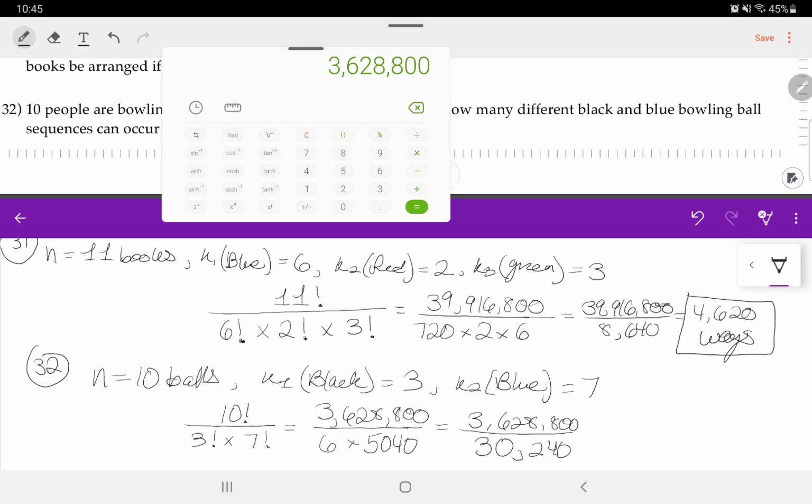I'm doing it off the top of my head, but I know it's going to be that. So I'm going to divide 3,628,800 by 30,240. And when I do that, that equals 120 ways.